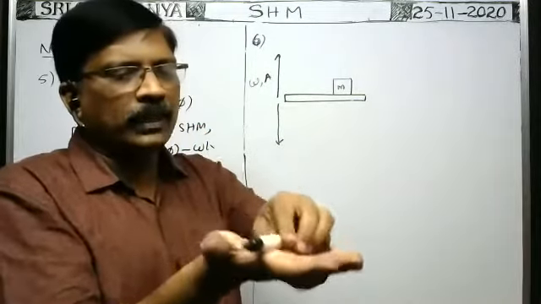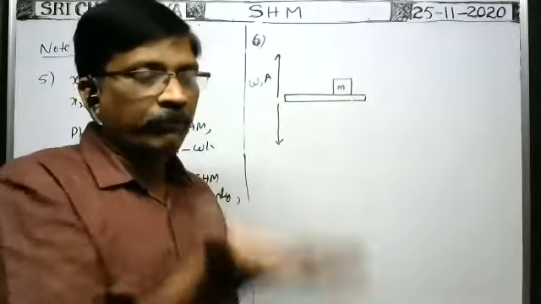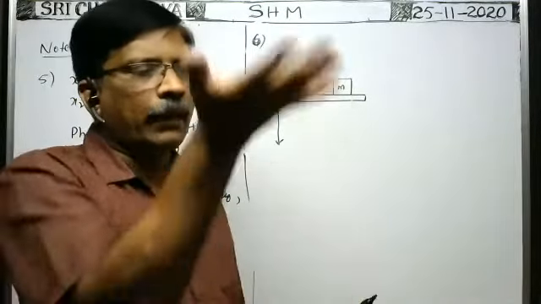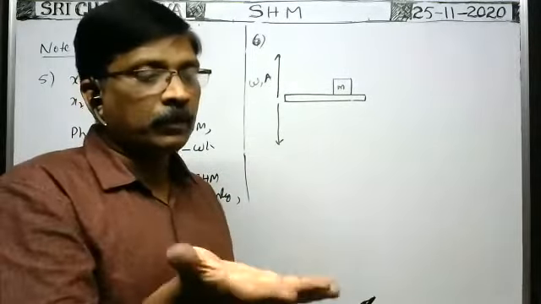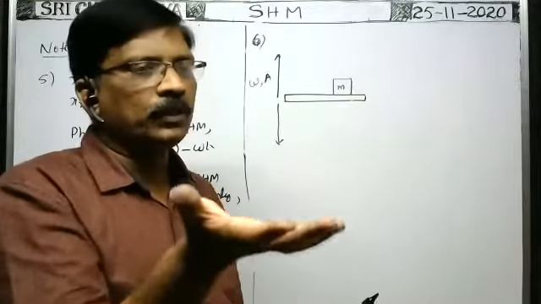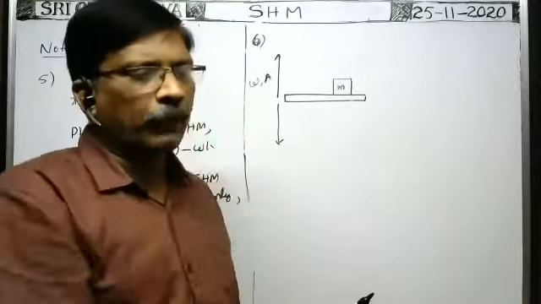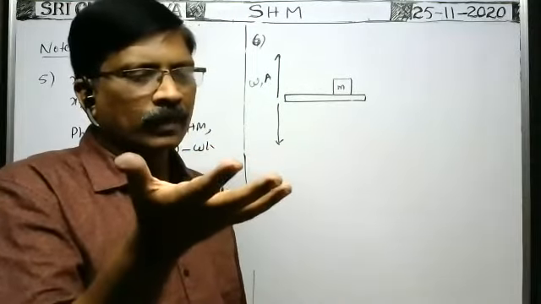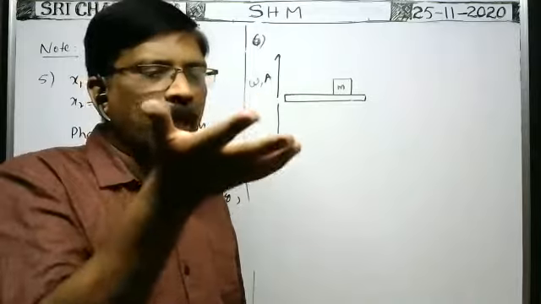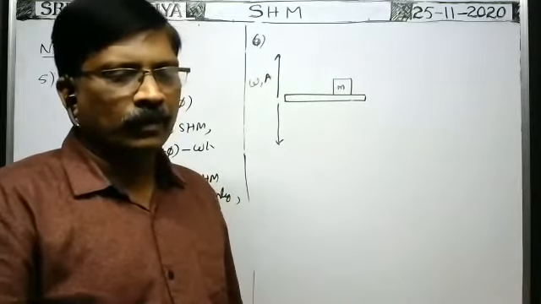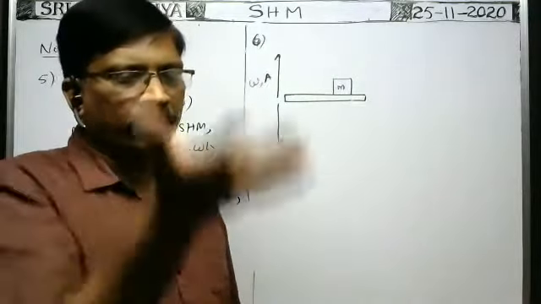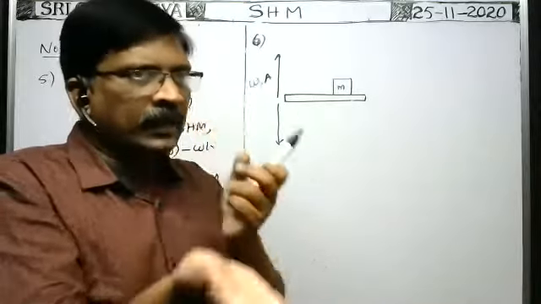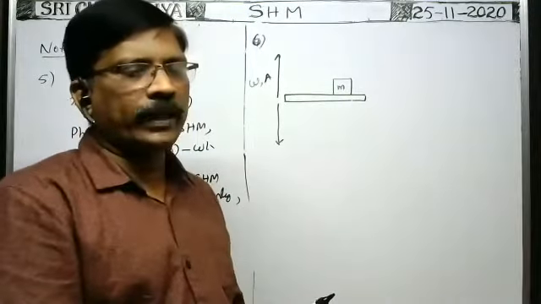Suppose you move a body up and down like this with the hand. At a certain amplitude, while it is moving up and down, at a certain position the block loses contact with the hand. At what position is there a possibility for the block to lose contact? Is it the upper extreme position or the lower extreme position?